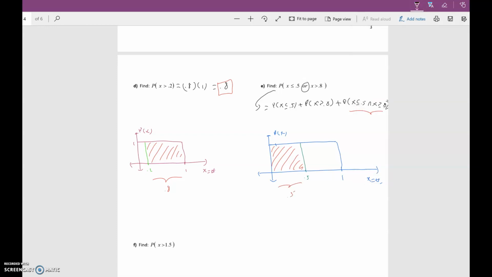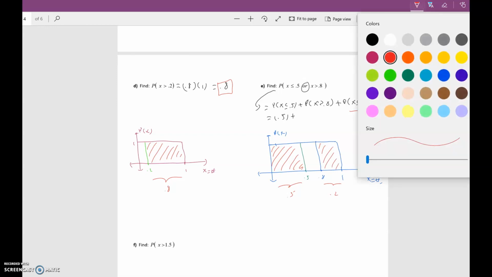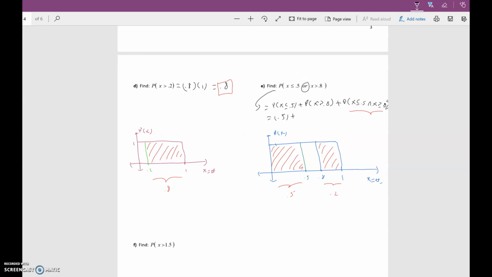So the first portion is just going to be 0.5, plus greater than or equal to 0.8, and let me do 0.8 in blue. So 0.8 happens to be from here up, that would be 0.2. So that chunk is going to be simply 0.2, since 0.8 to 1 is 0.2.